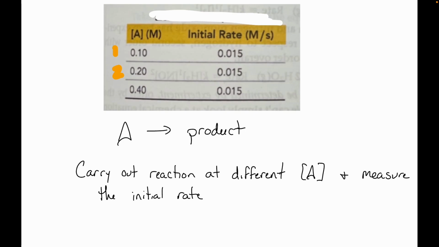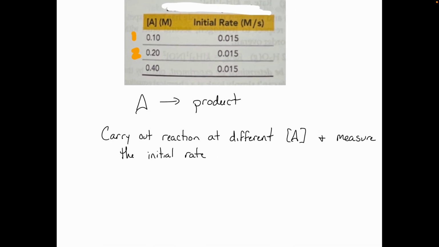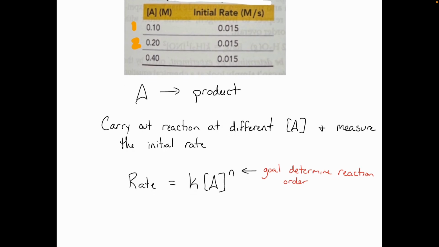And again, our goal is to determine this value right here, the order of this reaction. All right, and we need at least 2 data points to do this.